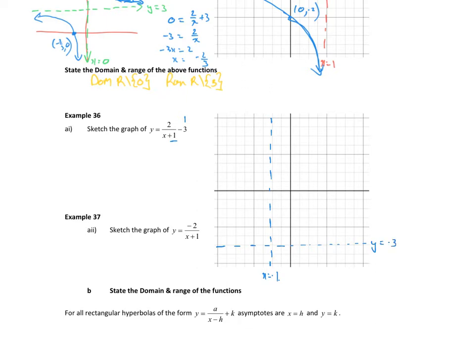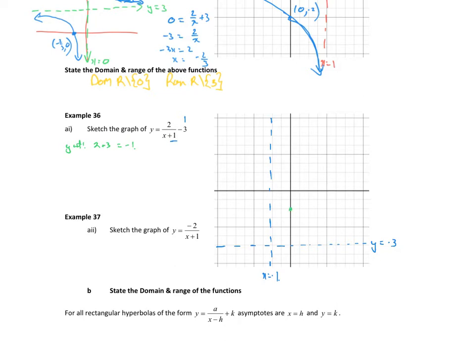It's a positive hyperbola still. Just to get an idea of where we're cutting, let's get our y-intercept. Let's put x equal to 0. I get 2 minus 3, which is negative 1. So we've got a y-intercept at negative 1, which we'll call that there.